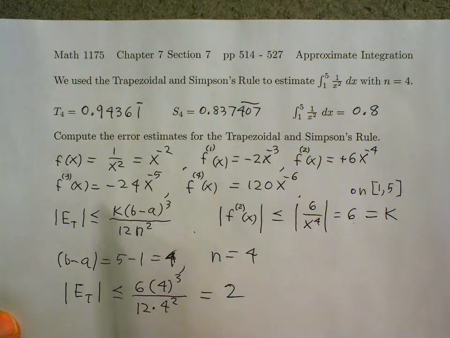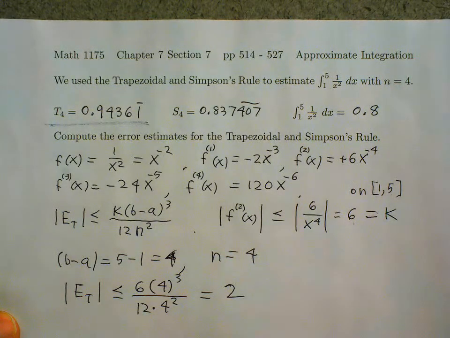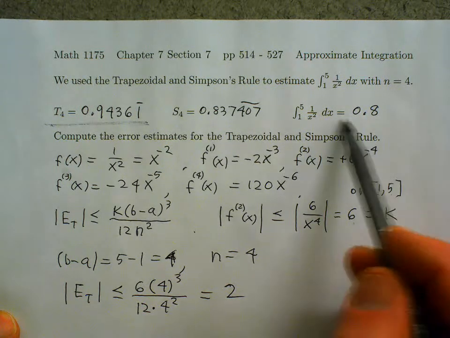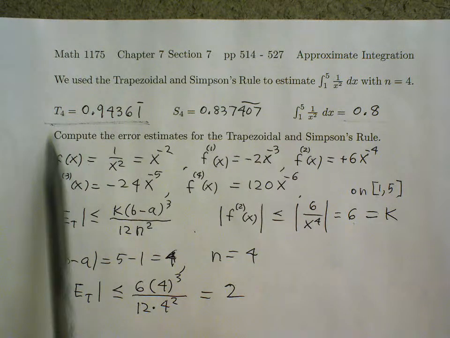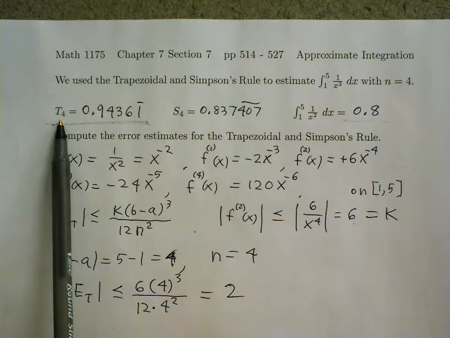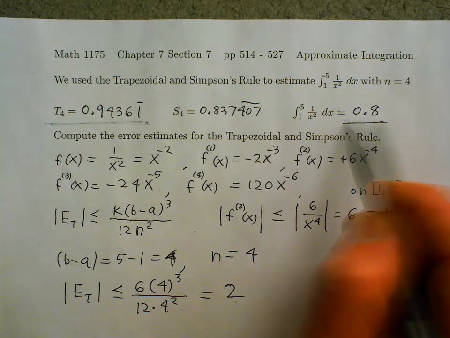So our estimate for the trapezoidal rule is definitely within 2 units of 0.8. This looks like a very conservative estimate. So this is telling us, once again, that when we use the trapezoidal rule for n equals 4, we're going to get an estimate that is within 2 of the actual value.